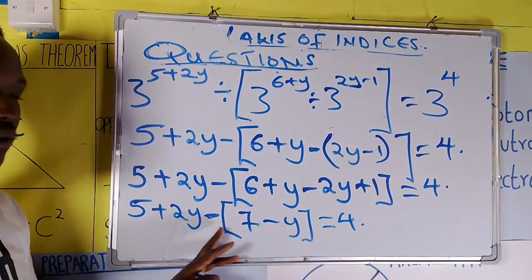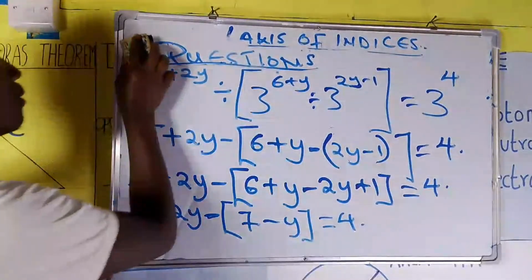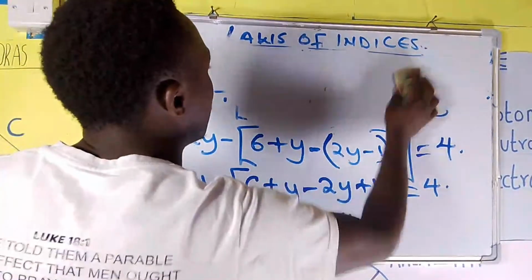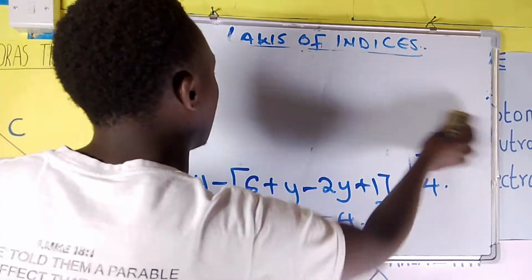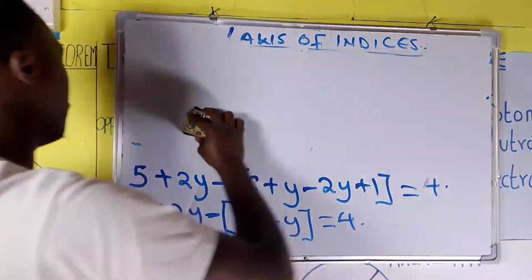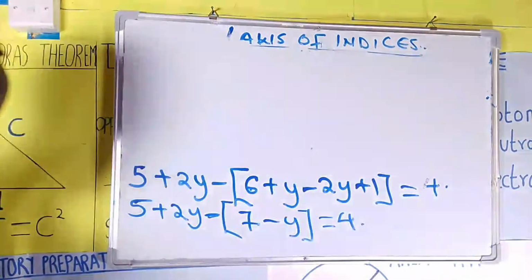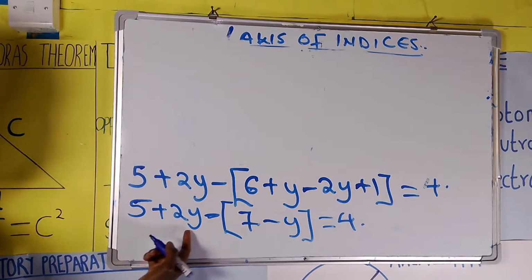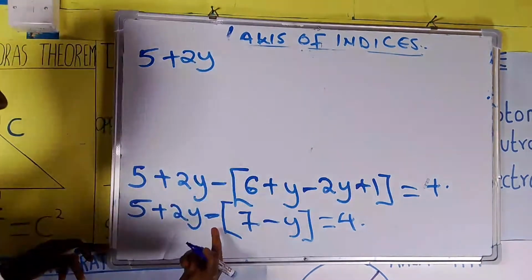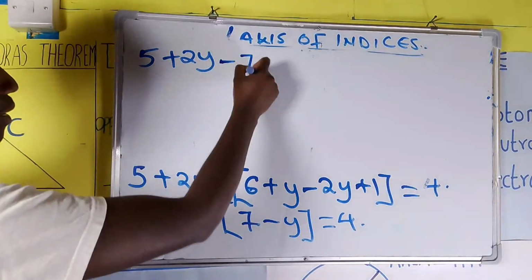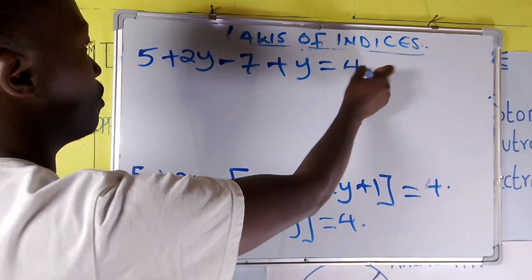So tukiwa na hiyo sasa tunaweza fungua na hii bracket ingine, so itakuwa 5 plus 2y minus 7, then minus minus will be plus y is equal to 4.